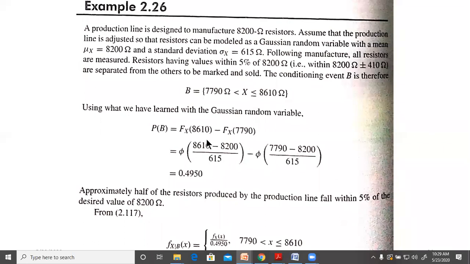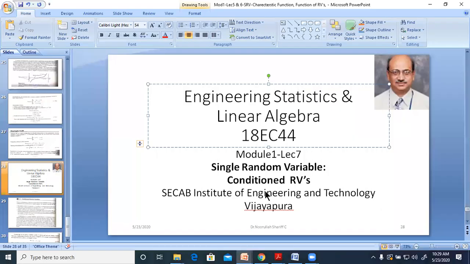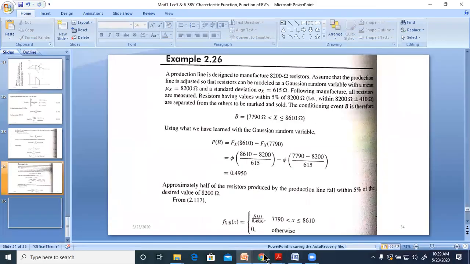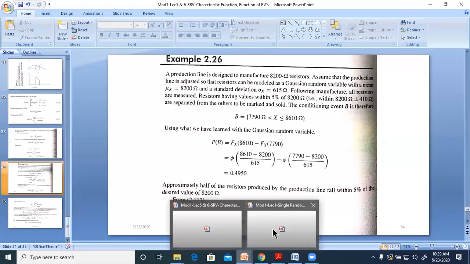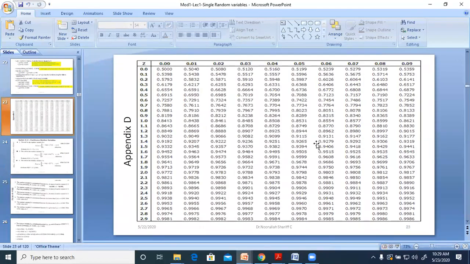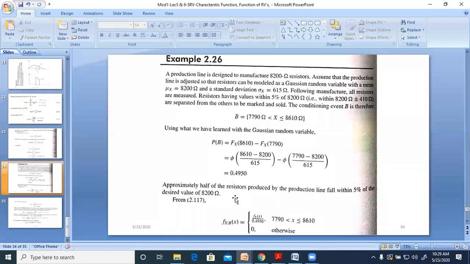This is the standard way. So we can find this from the tables which we have already considered in the earlier case, the tables which are over here. You can find those values, and the result will be whatever we have here, 0.4950.